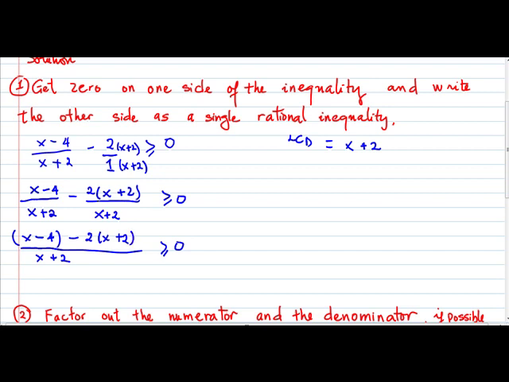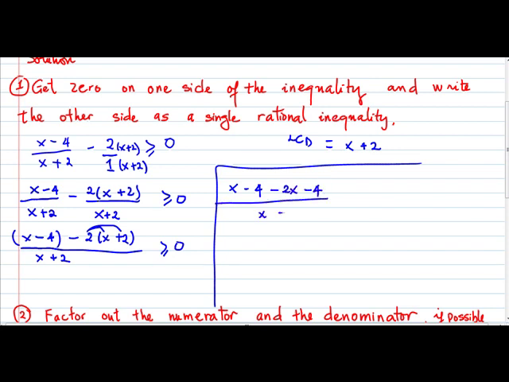I need to distribute the minus 2 inside: x minus 4 minus 2x minus 4 over x plus 2, greater than or equal to 0.